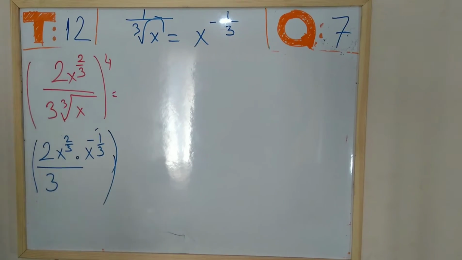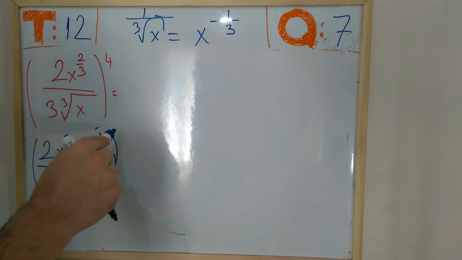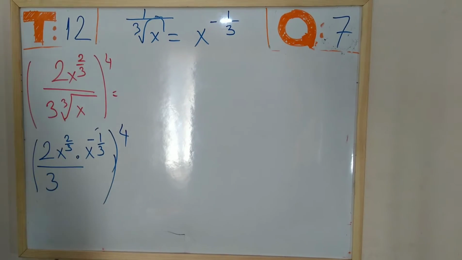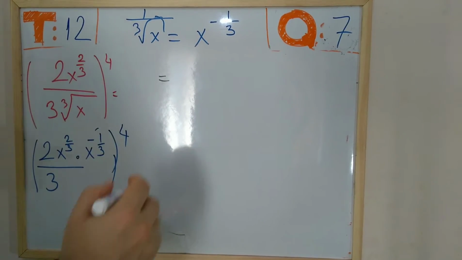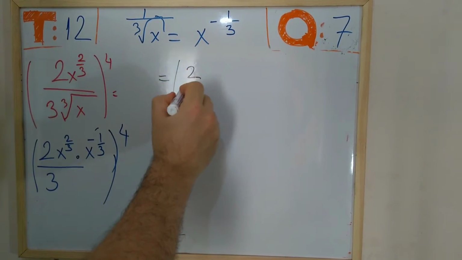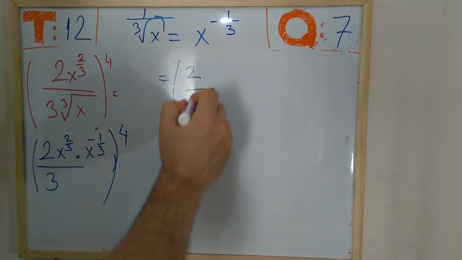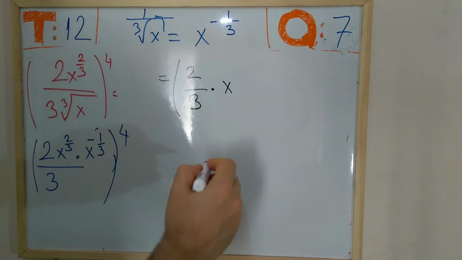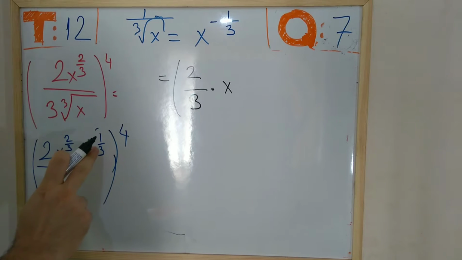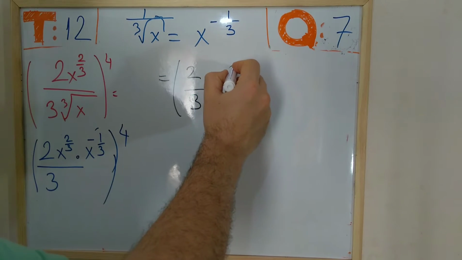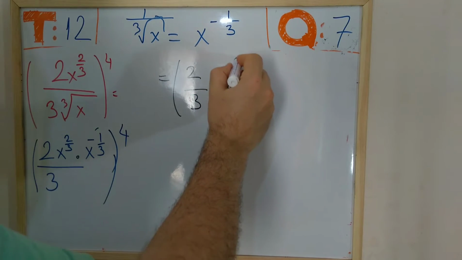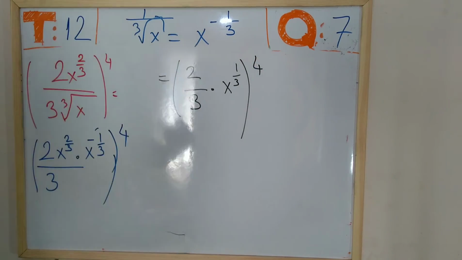So I can say that, oh, I forgot something very important. So it's going to be equal to 2 over 3 times x to the power 2 over 3 minus 1 over 3 is equal to 1 over 3, all to the power of 4.